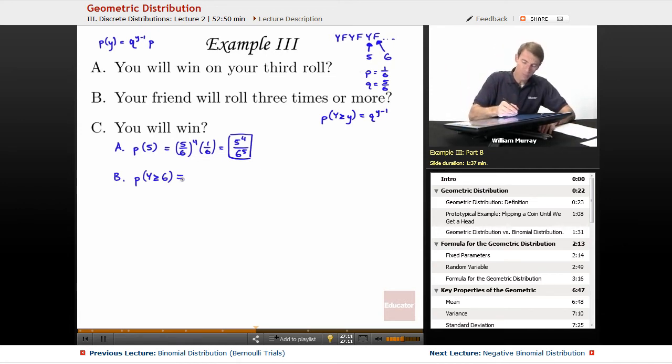So in this case, our q is 5/6. Our y minus 1 is 6 minus 1, so that's 5. That doesn't really simplify, so I'm just going to leave that in that form. That's our chance that the game will run 6 turns or more in total, which will give your friend a chance to roll 3 times or more.